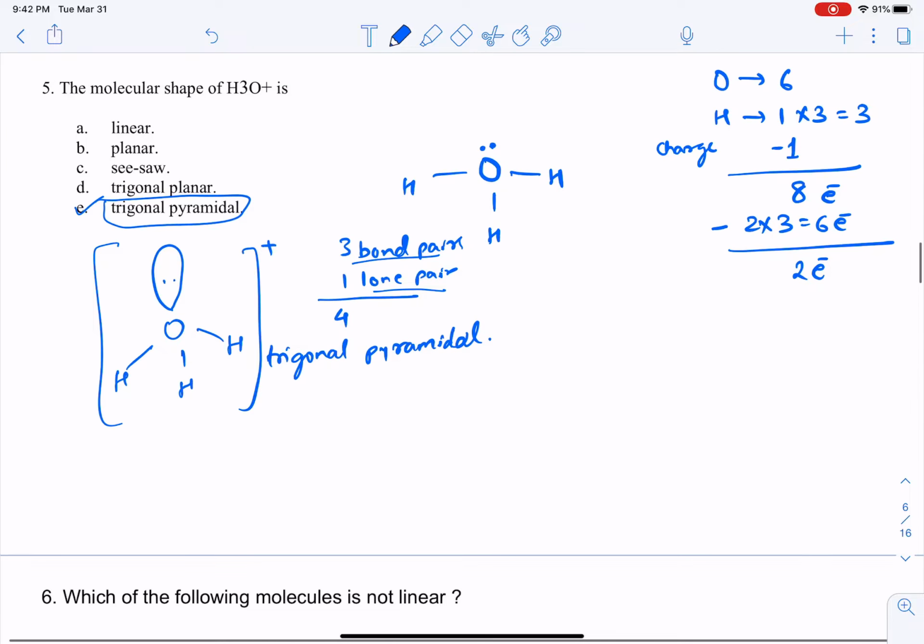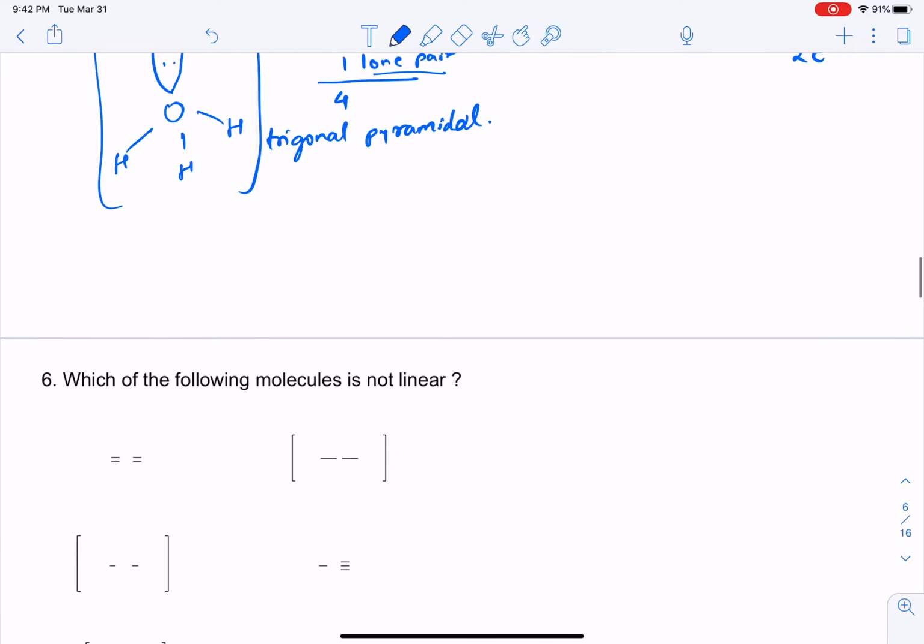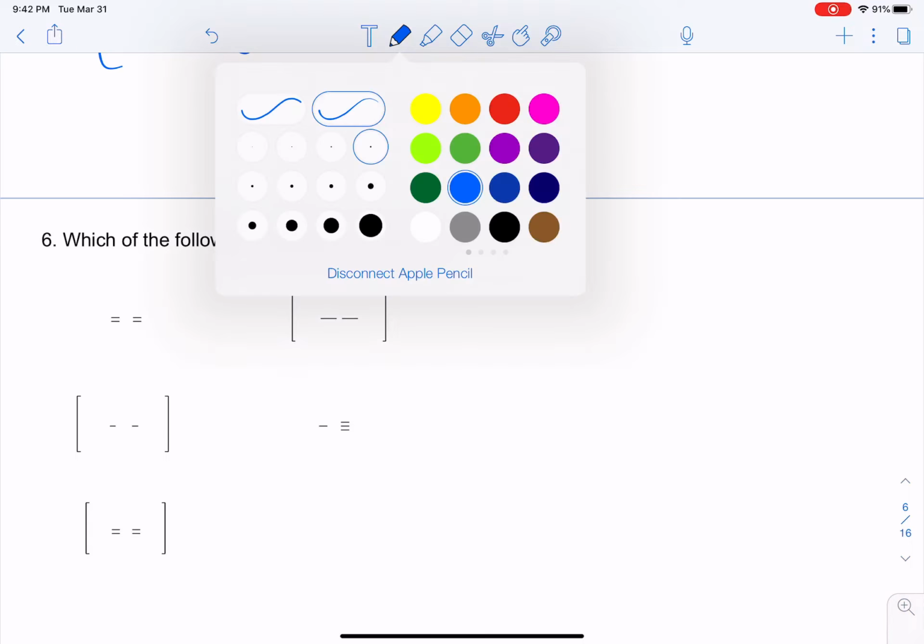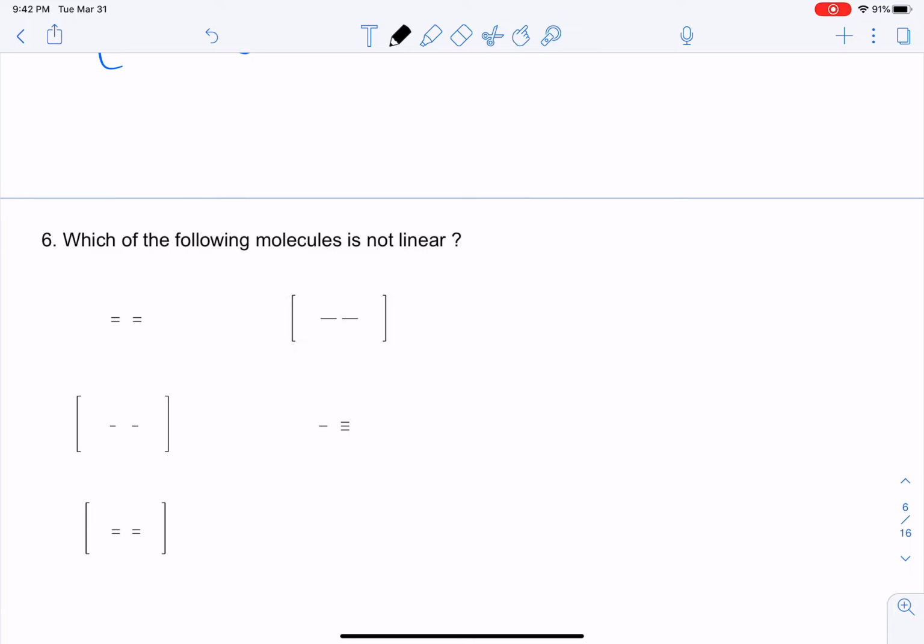Moving on to the next question. Here again some things are missing, so I will write it down. It's CS. This might take some time. These are iodines and they have 3 lone pairs on each one, and this one is chlorine, oxygen.